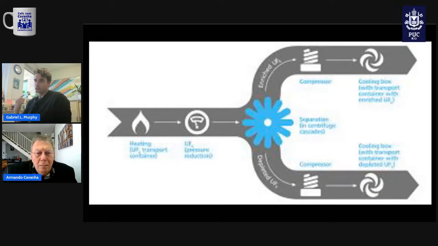The difference in density between the UF6 that contains uranium-235 and the majority part that contains uranium-238 makes them start to drift. The uranium-235 goes more towards the center of the centrifuge, whereas the 238 goes towards the outside, and you get a separation based on the different isotopes.